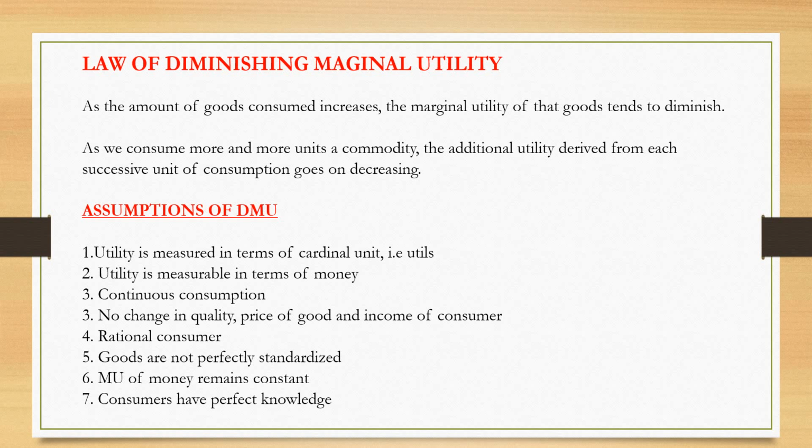The first assumption is that utility is measured in terms of a cardinal unit, that is utils, meaning 1, 2, 3 utils. Next, it is assumed that utility is measurable in monetary terms.